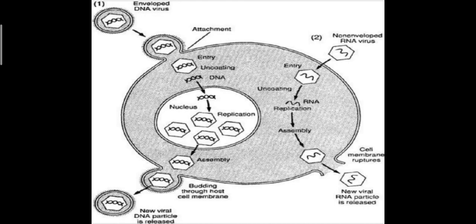See here, this is about the enveloped DNA virus. Here, this is the non-enveloped RNA virus. So the envelope will bind to the particular receptors. It will engulf. See, it will enter and make attachment here. Then penetration, then uncoating.